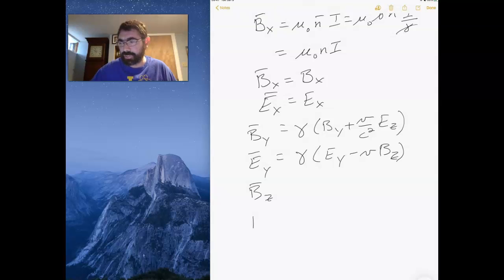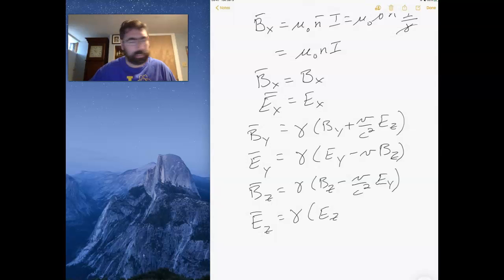The z directions now, gamma Bz minus v over c squared Ey, and gamma Ez plus v By. Okay, so now we have all the components of how they would be measured in each respective frame.